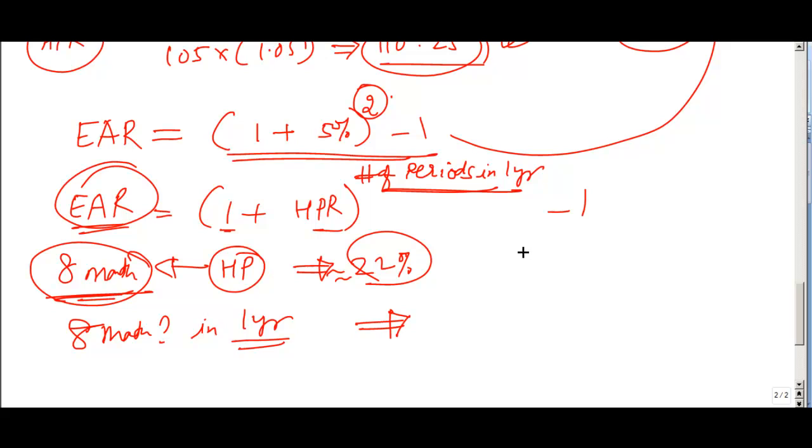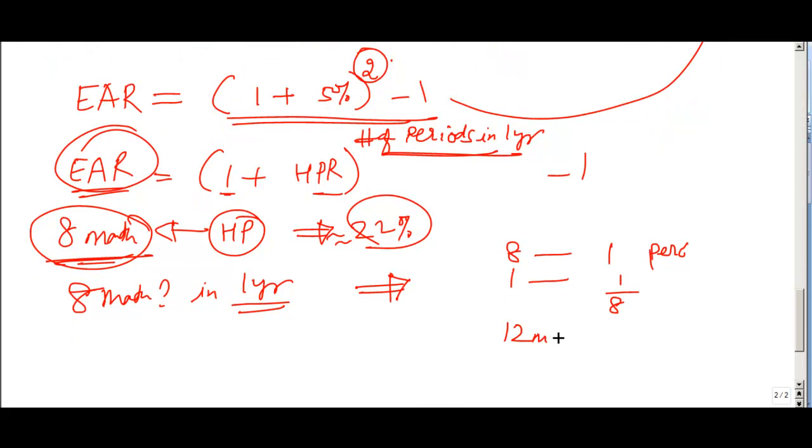So 12 months is 1 year. Okay, so we have 8 months is 1 period. So 1 month will be 1 by 8 period. How much will be 12 months? 12 months will be 12 by 8 period. This is your unitary method concept.